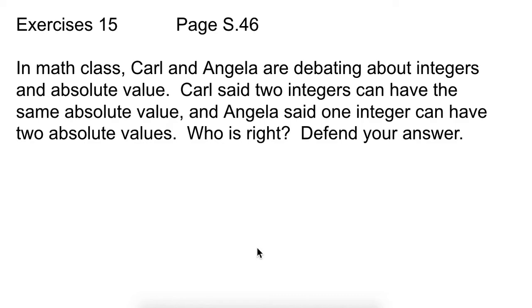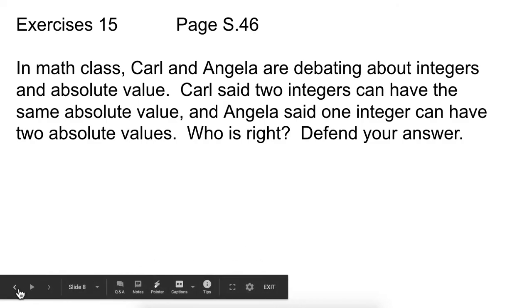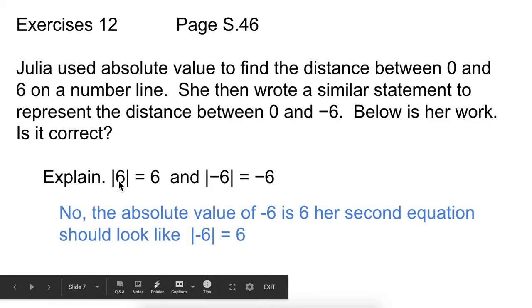Angela's not right. So give me an example of an integer that has 2 absolute values. Can't do it, can you? How about, are there 2 numbers that have the same absolute value? Yes, thank you. You were paying attention, weren't you? Look at the last slide. The absolute value of 6 is 6, and the absolute value of negative 6 is 6. So there's your example of two different integers that have the same absolute value.